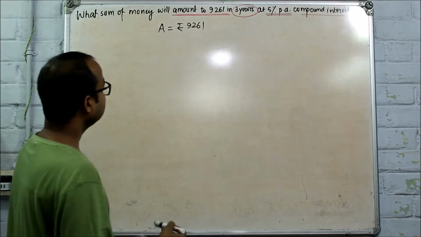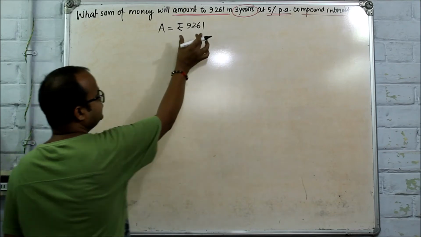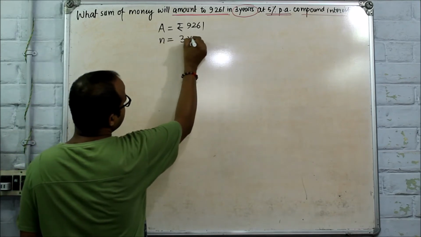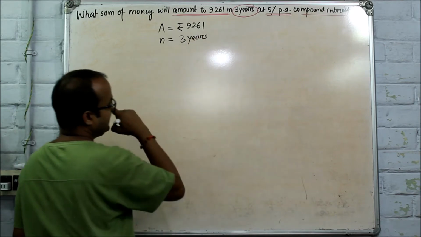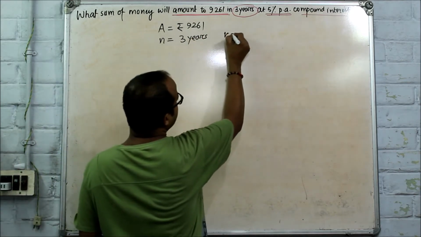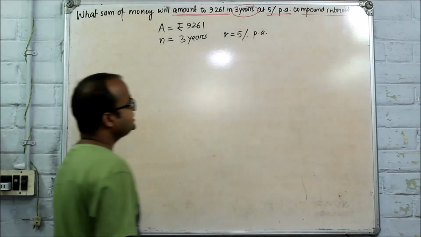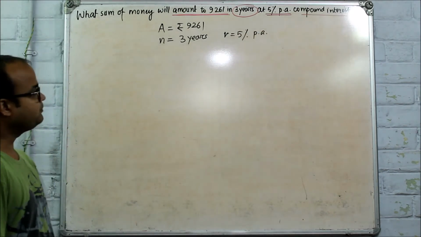So here the amount is given as 9261, time, that is n, is given as 3 years, and rate is given as 5% per annum.